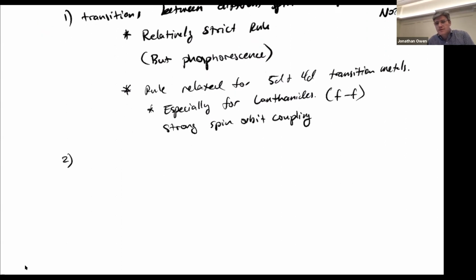And so, in fact, most of the luminescent materials used in solid state lighting are F orbital elements. Many of them, anyway. Cerium, terbium, europium, dysprosium. Those compounds are wonderfully luminescent.